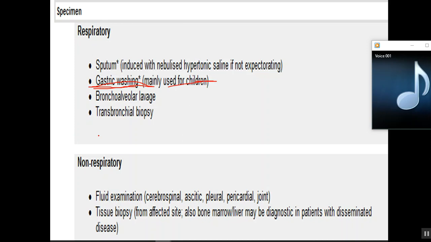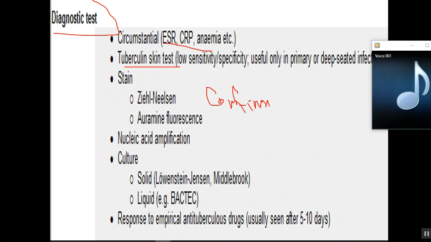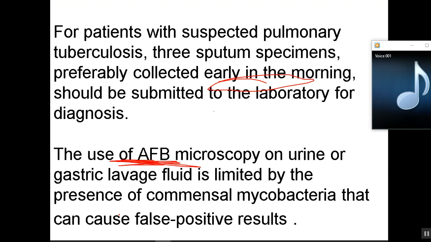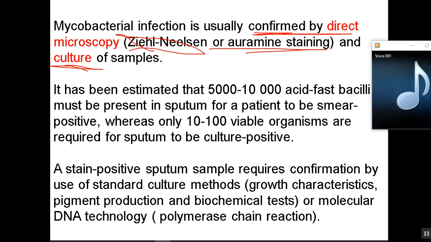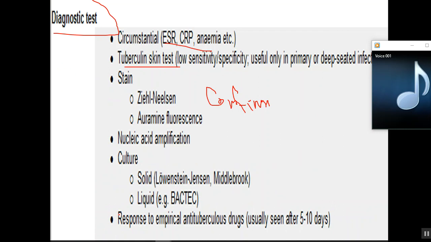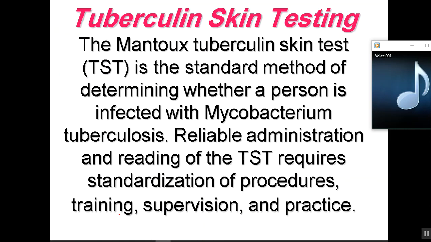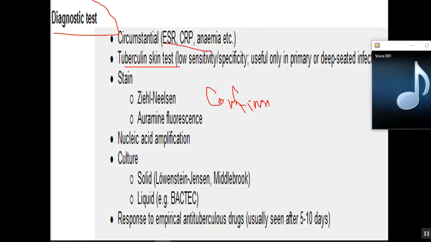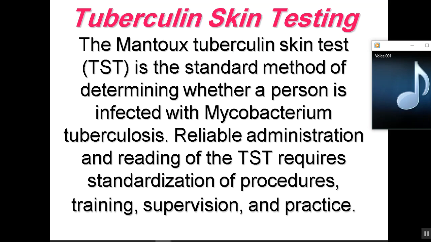In case of extrapulmonary TB, we can get CSF, pleural fluid or pericardial fluid for assessment, and biopsy can also be used for histopathology. As we talked about the tests for diagnosis of TB, lastly we talked about empirical treatment of TB as one of the tools for diagnosis of TB.